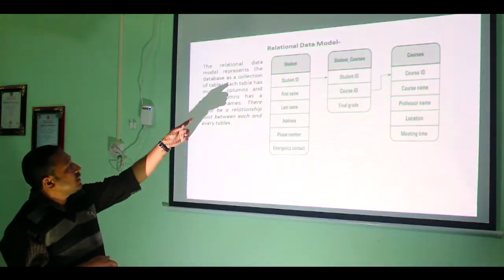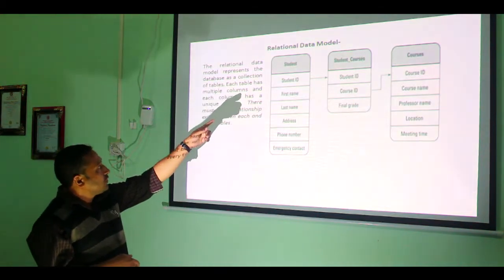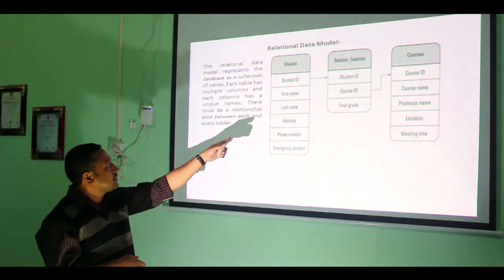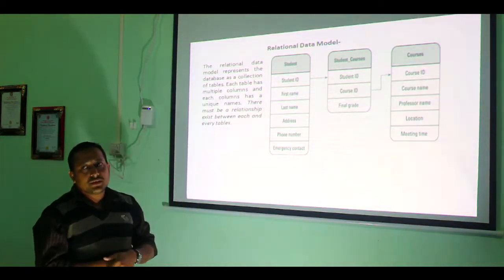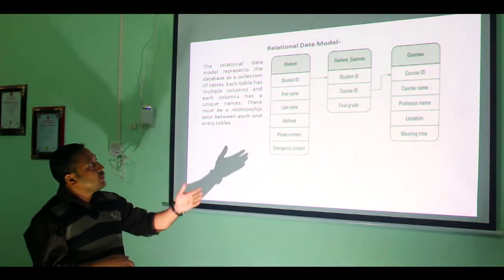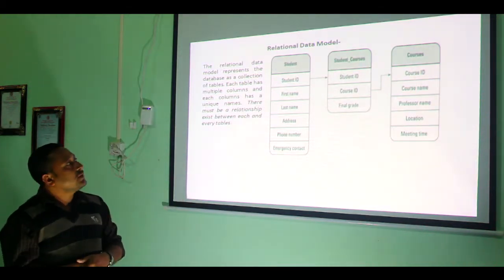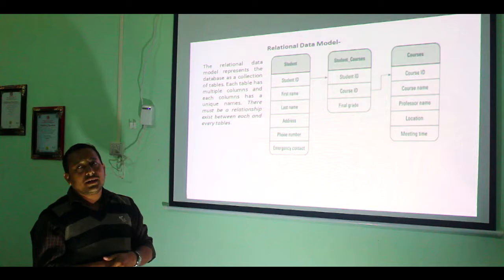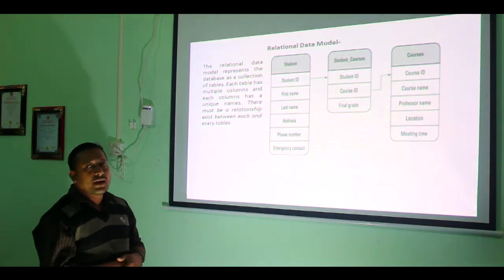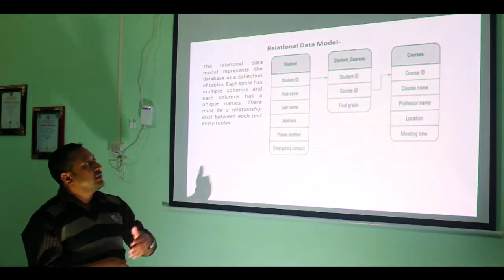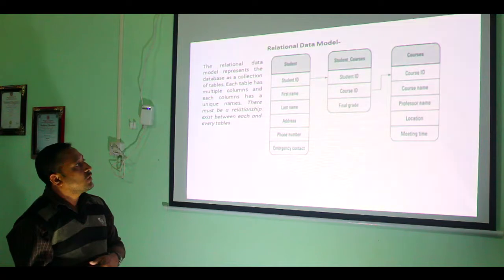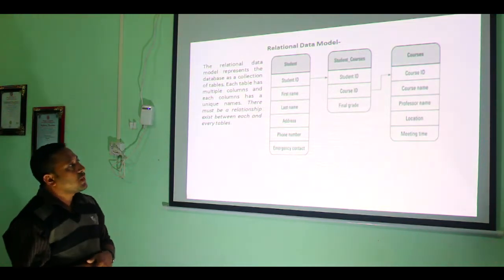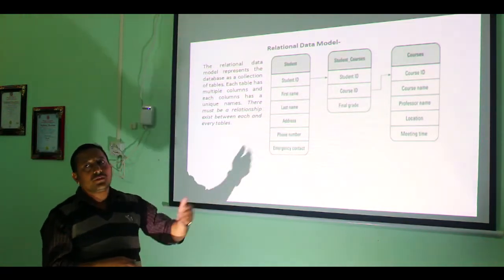In the student table, we have student ID column, then first name, last name, address, phone number, and emergency contact number. Again we have the student course table where we have student ID, then course ID, and then final grade. We have another table, that is course. Here we have course ID, course name, professor name, and location and meeting.